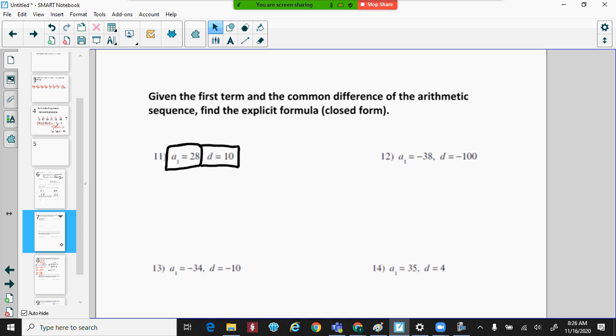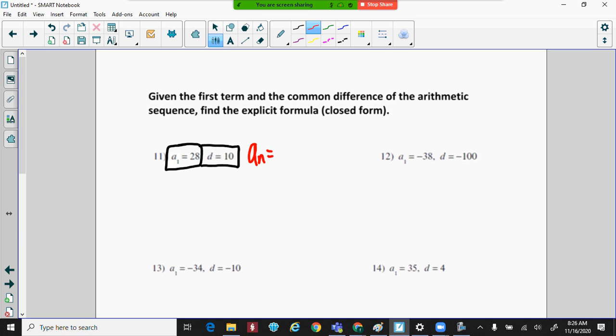You would say, okay, my formula would be a of n equals something plus something times n minus 1. Remember, your first something is your first term, your second something is your common difference. So I would simply plug it in. My first term is 28, my common difference is 10, and I would simplify. Now we dive into algebra, and I'm going to simplify because of the 10 next to this parenthesis, I'm going to distribute.